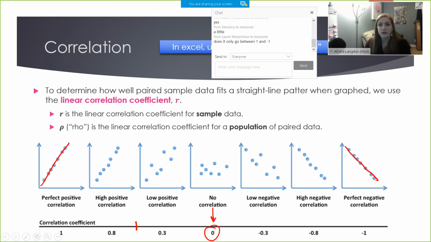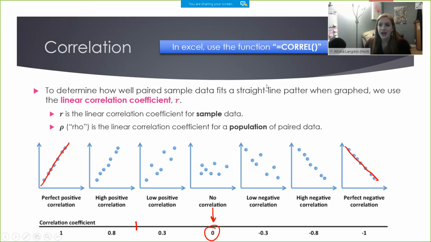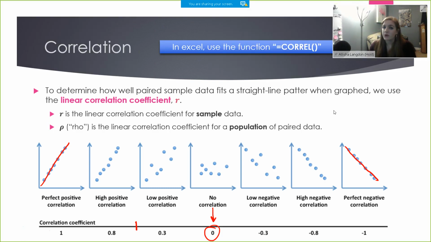Oh, I covered this up, but we will need it. Okay, I have too much stuff going on in this slide. So in Excel, we're going to use the function equals CORREL, and that's going to give you the R value, your linear correlation. CORREL is correlation abbreviated.